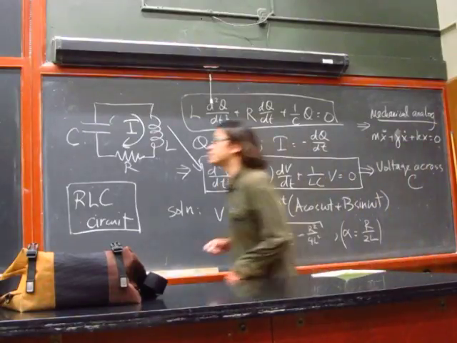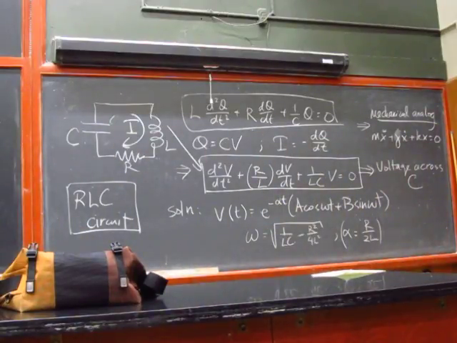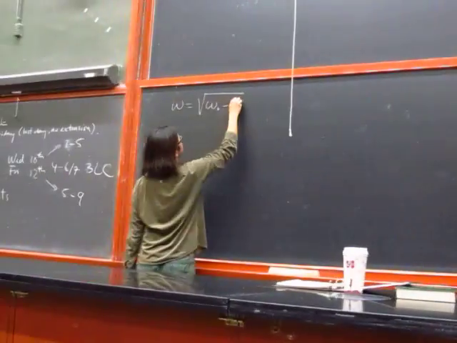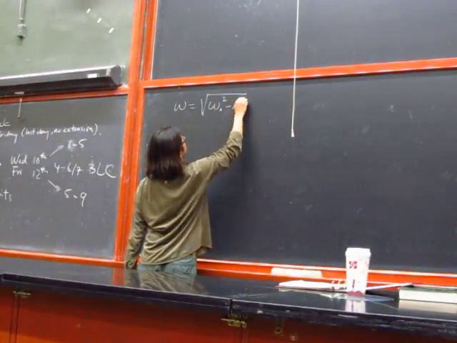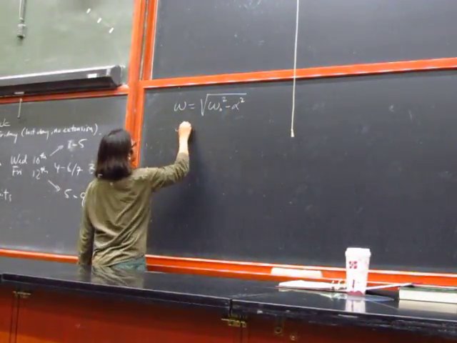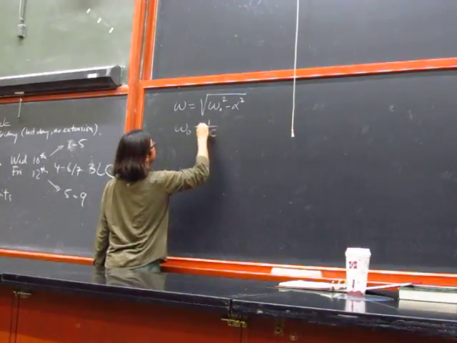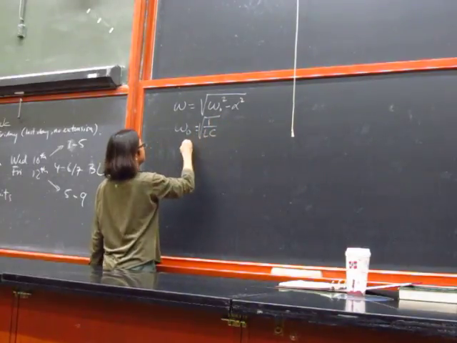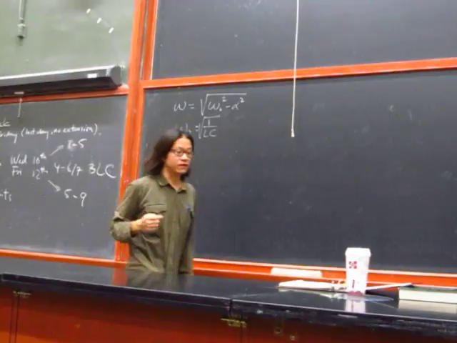I can rewrite this as the square root of omega naught squared minus alpha squared, where omega naught squared is 1 over LC, and alpha is just that alpha.